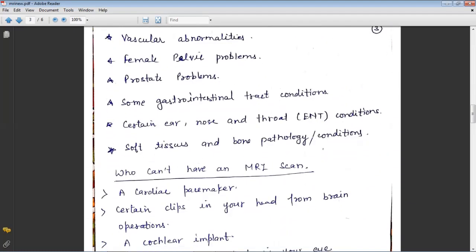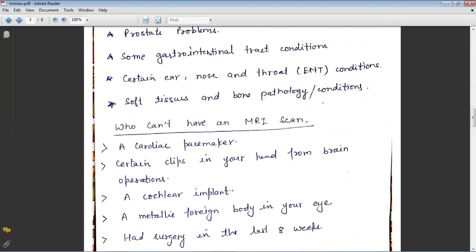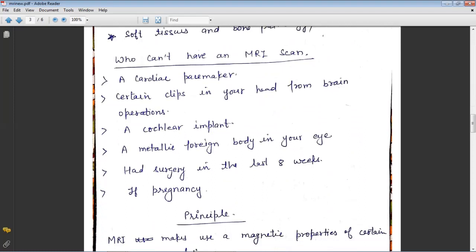Now come to the next: who cannot have an MRI scan? There are some points also. First is a cardiac pacemaker. Second is certain clips in your head from brain operation.